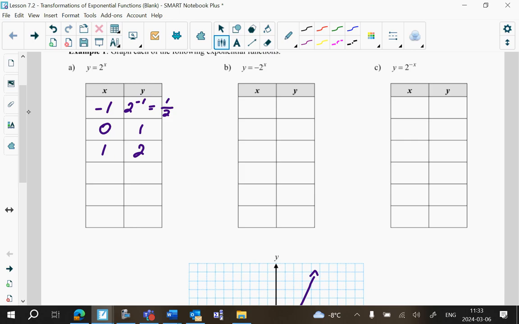I thought I corrected it. So first one is y equals 2 to the x. Second one is y equals negative 2 to the x. Third one is y equals 2 to the negative x. I thought I had done it in the exercises, but clearly I haven't. Okay.